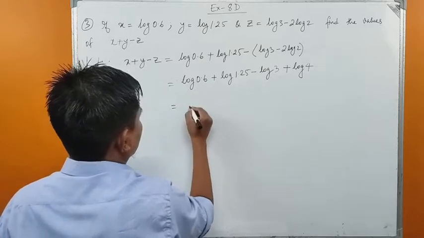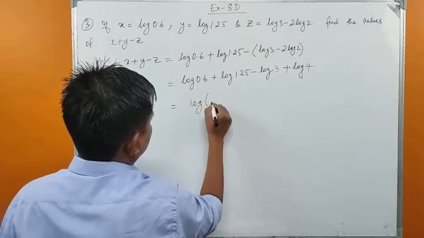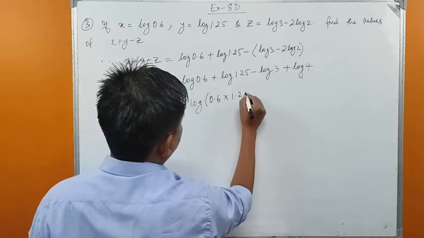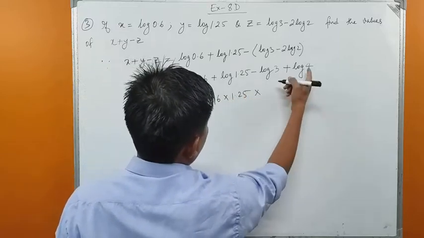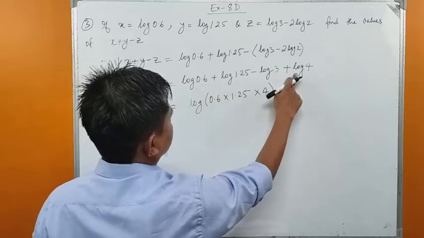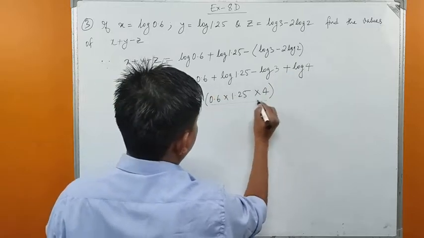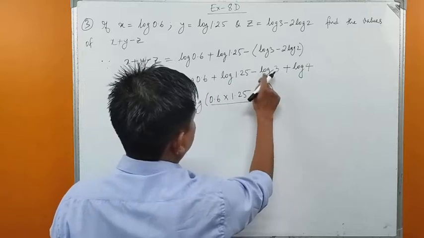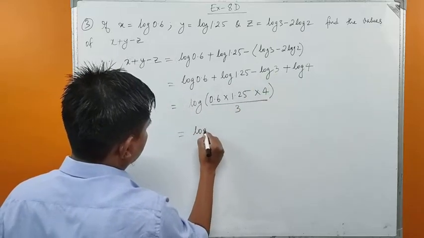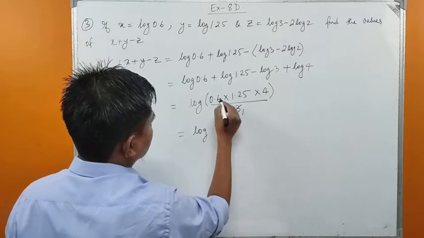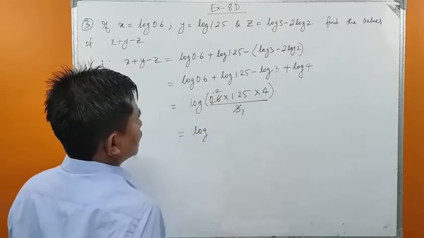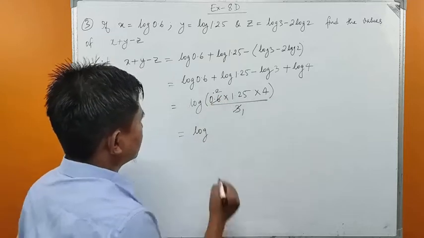Which means log of 0.6 into 1.25 into 4. We multiply all the positive numbers, and the negative goes to the denominator. Minus log 3 means 3. Now 3 1s are 3, 3 2s are 6, so 0.6 means 0.2 over... 4 2s are 8.